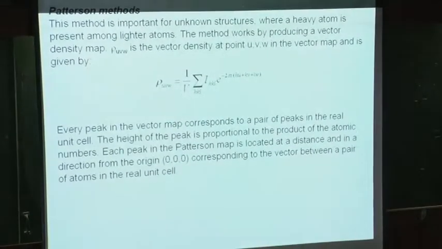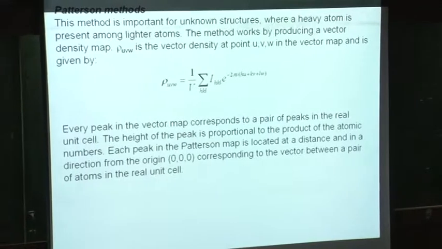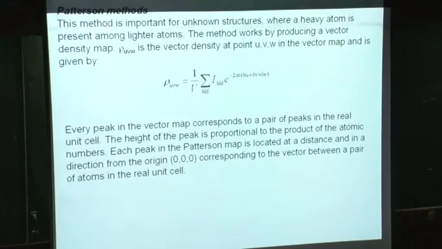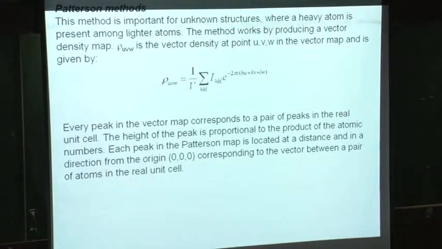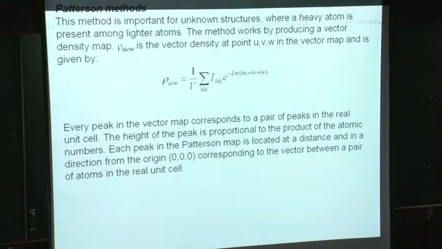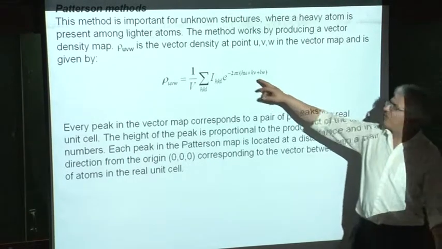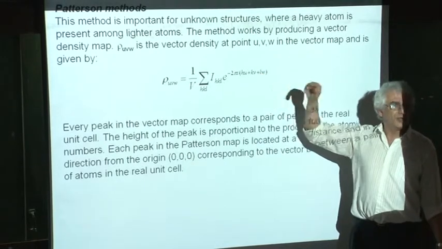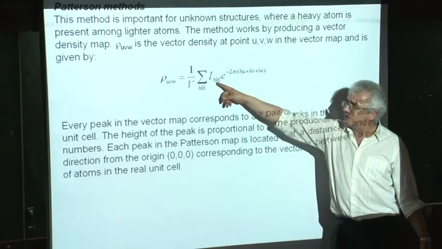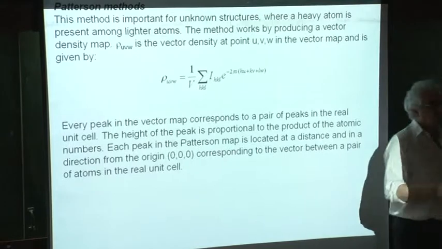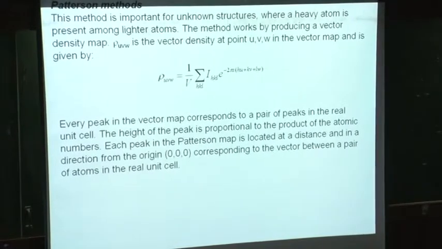So if you want a map, let's say from 0 to 1, with steps of 0.1 in all dimensions, those are the values of u, v and w you put into your map. You know hkl already, you know your intensities, you know the volume. You can produce a density map very easily.